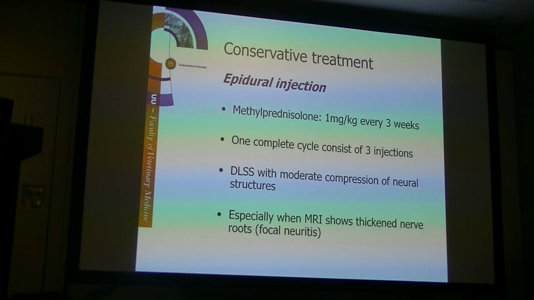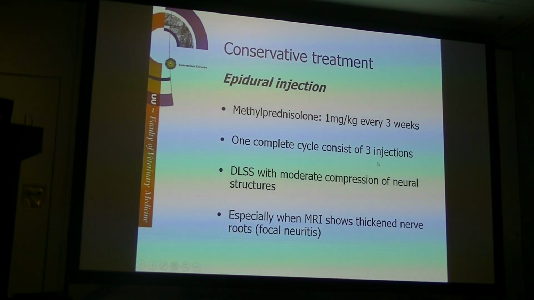What we tend to use is methylprednisolone, which comes in the Moderin injections. The brand name is called Moderin. Dosage is 1 milligram per kilogram, and the injection is given every 3 weeks. One complete cycle consists of 3 injections.